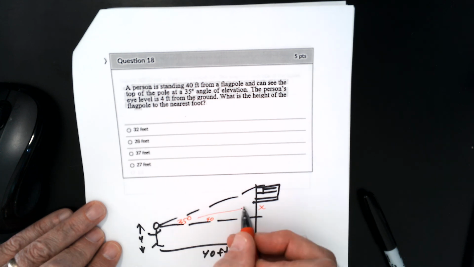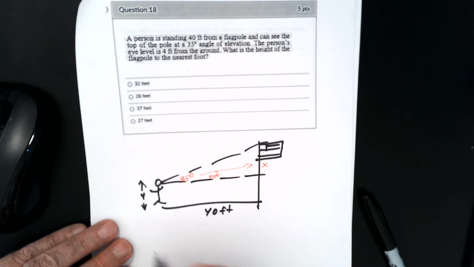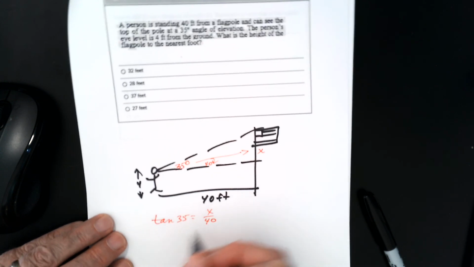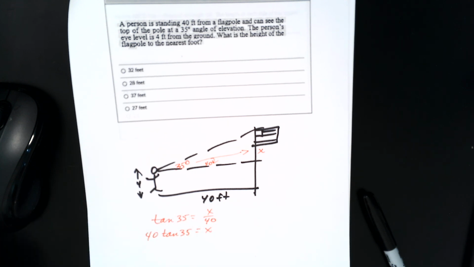So we've got an opposite and an adjacent. So that would be tangent 35 degrees is equal to x over 40, multiplying both sides by 40. We get x. So let's see here. 40 times tangent 35.